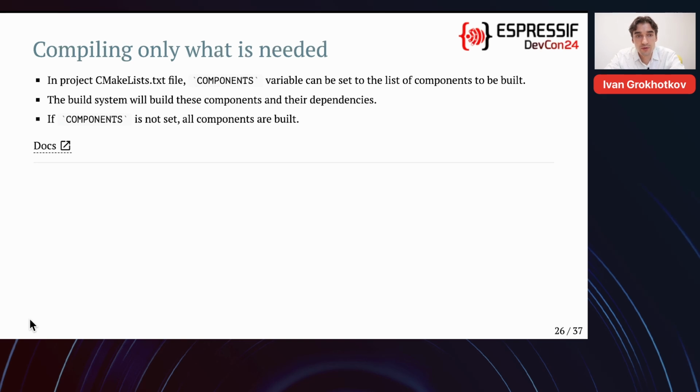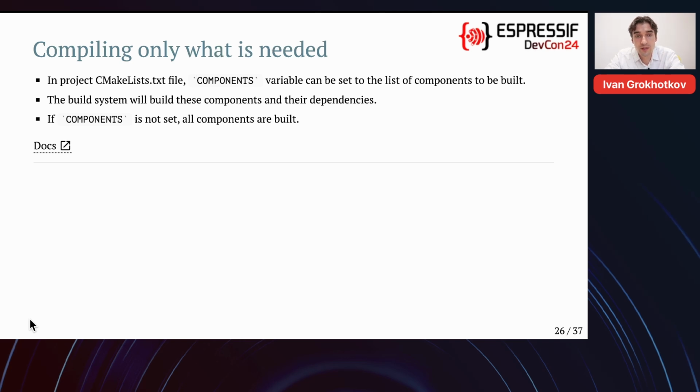What do component requirements actually give us? The main thing is that component requirements allow us to compile only what is actually needed in your application. If you remember, when I built the sample project, it compiled nearly 800 files. And this is because all the source files in ESP-IDF have been compiled. And the reason for this is the implicit behavior of main component, where it depends on everything by default.